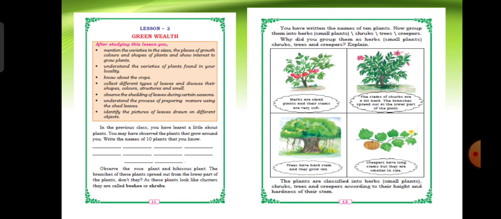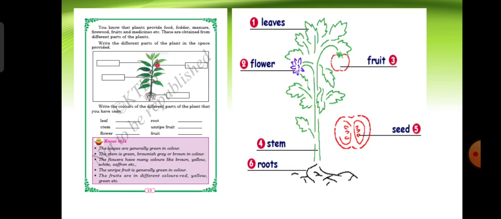Next you can see here a plant. What are the parts of the plant? You know that plants provide food and firewood. All this is obtained from different parts of the plant.